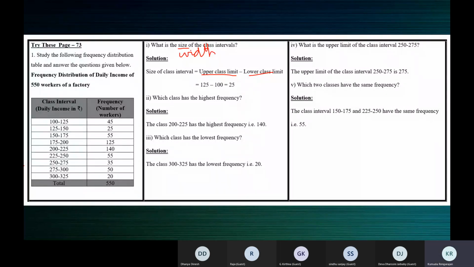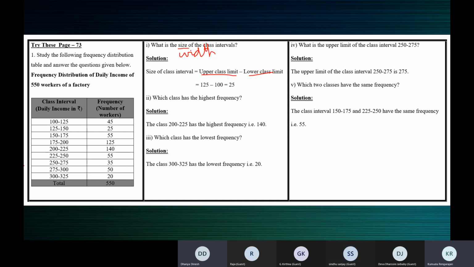Which two classes? Classes means class intervals. Which two classes have the same frequency? 150 to 175 and 225 to 250.